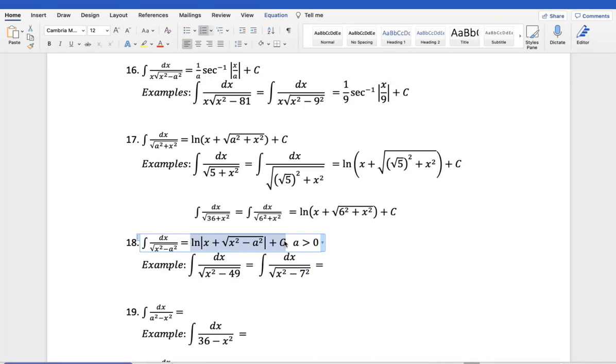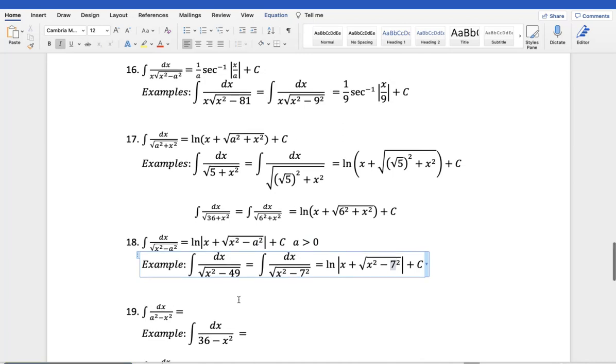And if we look at our formula, we see that our a is just 7. So we have ln of the absolute value of x plus the square root of x squared minus 7 squared, all plus the constant of integration c.